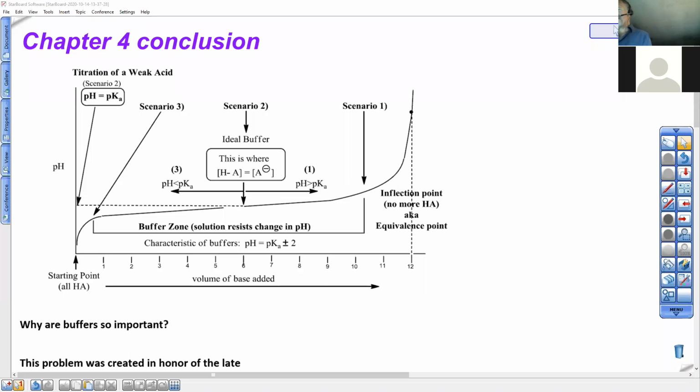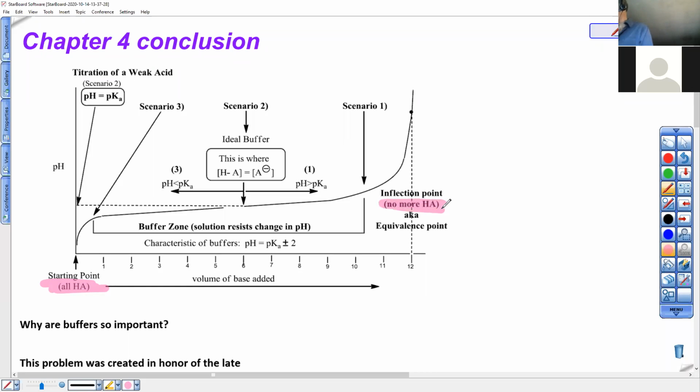This is called a titration curve. Let's take a look at it. What's happening is we're starting with an acid, HA, and when we're done, we have no more HA.